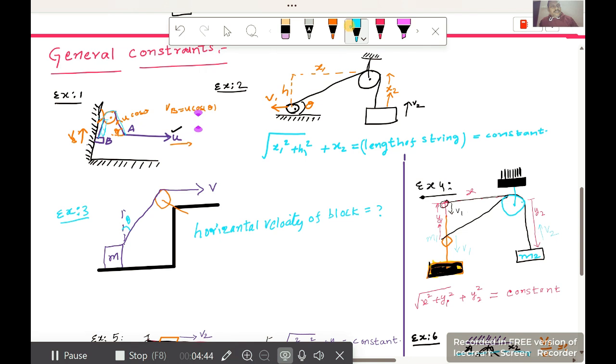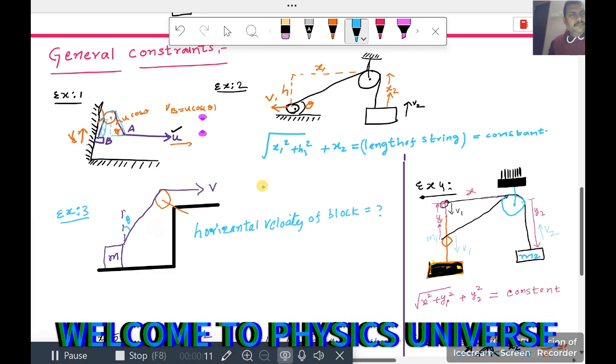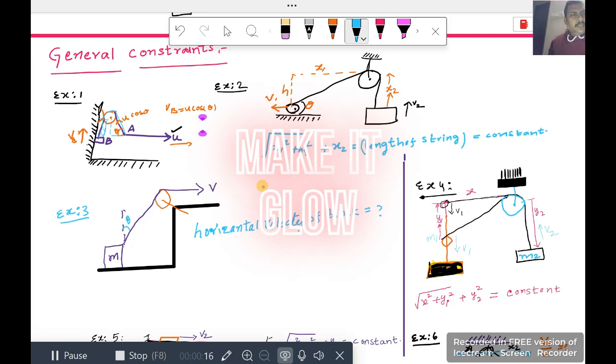Y is changing, and here the gap between the pulley and this point is not changing. The change in length: u is the velocity of point A, and y represents the displacement of B, so dy by dt will be Vb.